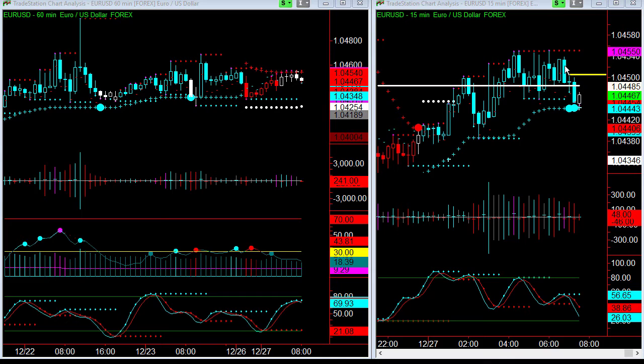This is the bar that I actually went in on, and you can see that the stochastics is doing exactly what it should be doing. In other words, we were making lower highs in both price and on the stochastics. That's exactly what I want to happen. So that was my entry signal.